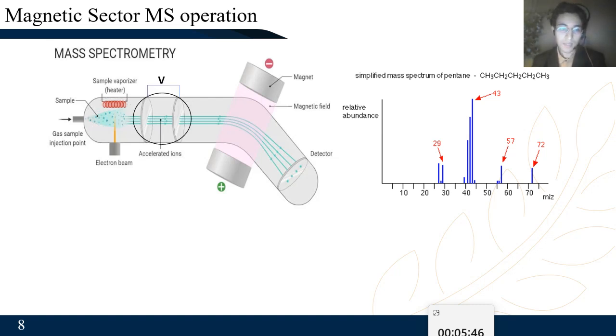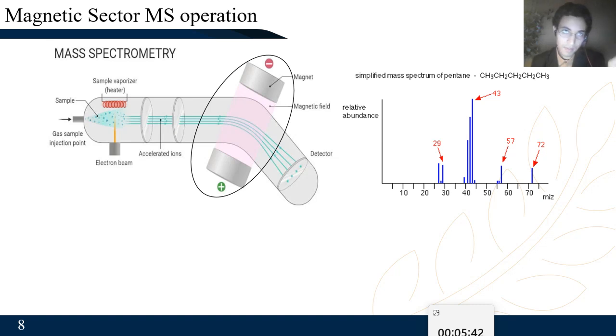So the cation here is accelerated under a potential field, and then the acceleration path gets deflected using a magnet. Each of these deflection paths is a semicircle. You can see it as a semicircle here. It's part of a circle with a radius r. This radius is very specific to each mass over charge.